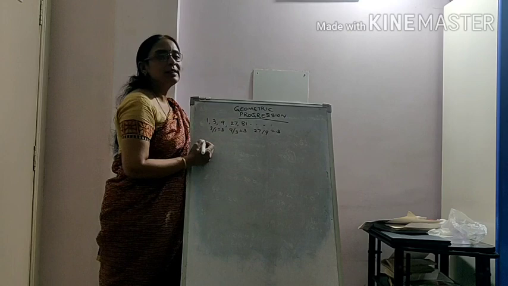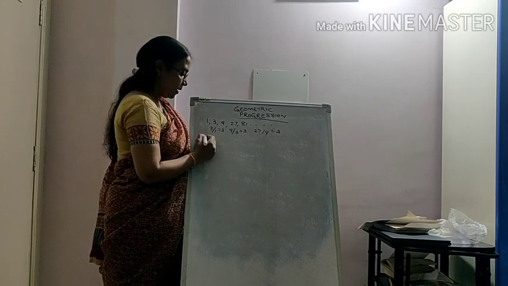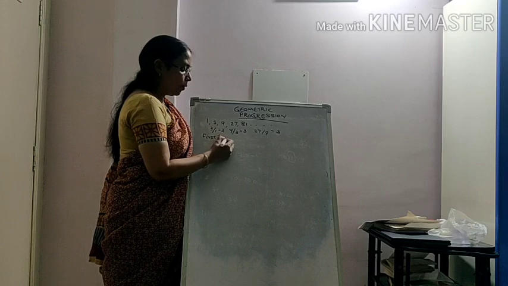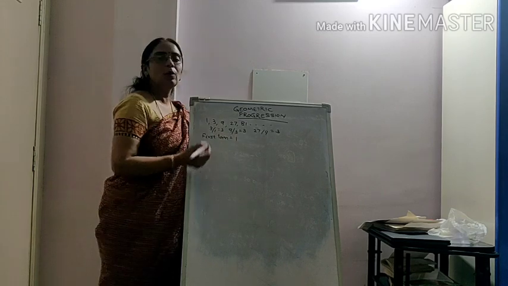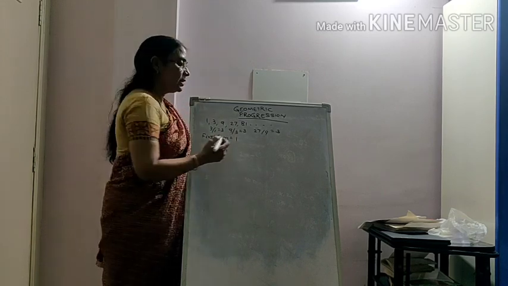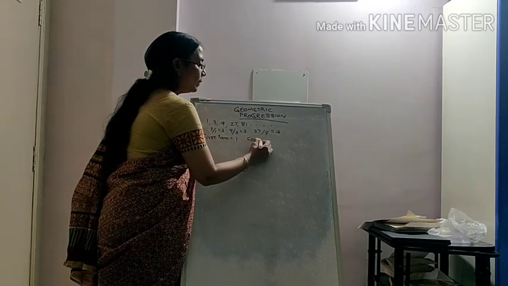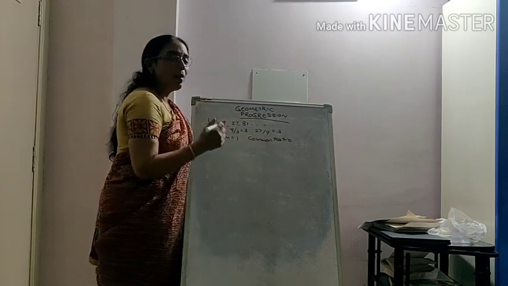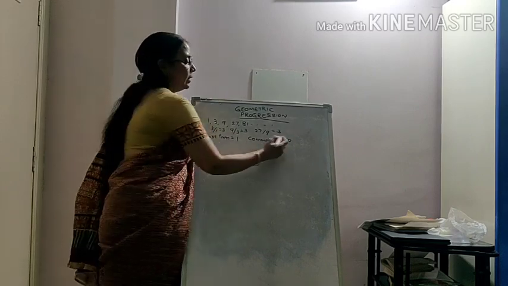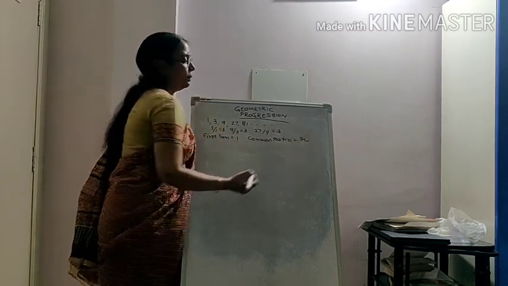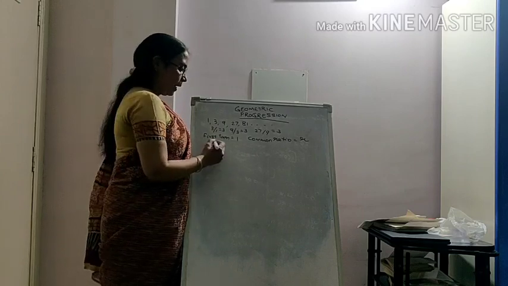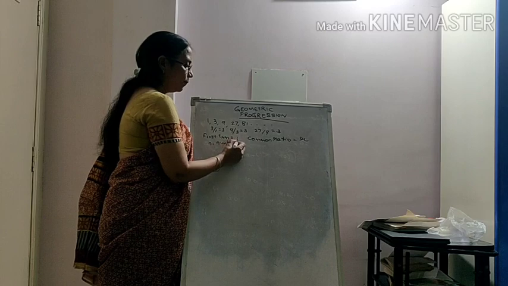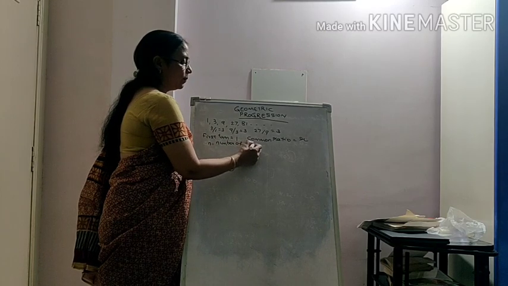Now when the sequence is in GP, what are the things we are having? We are having the first term, as in the arithmetic progression. Here the first term is 1. There we have a difference; here we have a common ratio. Geometric means multiplied. Common ratio is represented by small r, and n is the number of terms.